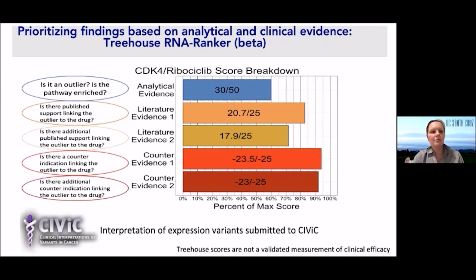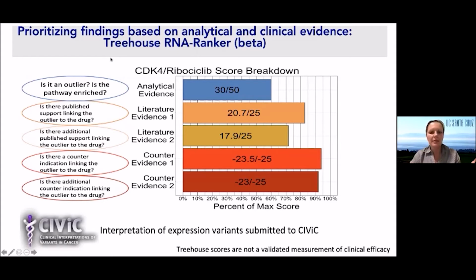We've been working very closely with Stanford on this, and one feedback that we got from the Stanford clinicians is they wanted us to provide some sort of a score of how confident we are that this outlier that we are finding is a good biomarker of treatment response to a therapy that would inhibit that outlier gene.